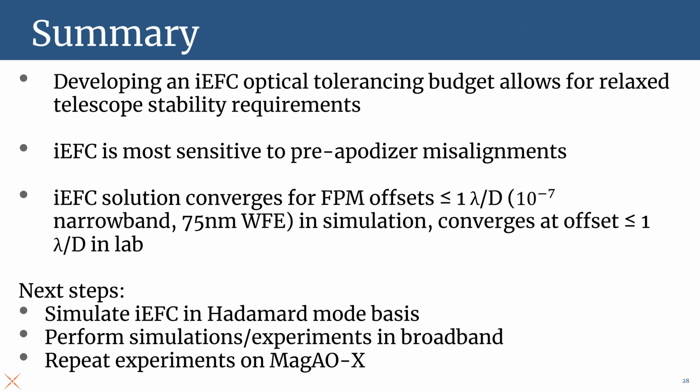And we noticed in the case of MagAO-X that our solution is highly sensitive to misalignments of our pre-apodizer or bump mask. And this isn't super surprising to us, as this mask hides a defective actuator. So when you misalign it, you now have a defective actuator that the iEFC solution doesn't know about, as it's trying to command a DM to basically dig this dark hole.